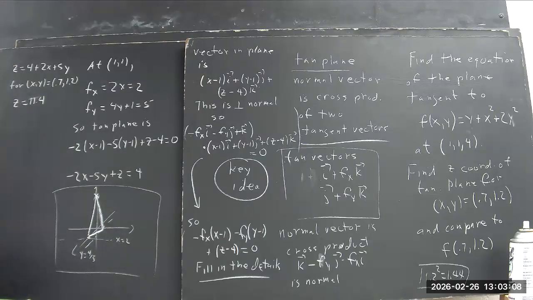I think z equals 11.4. It's 1.4, that's 6. Yeah, I'm really getting 5.1. Okay.